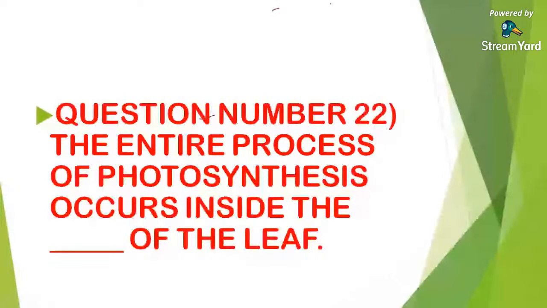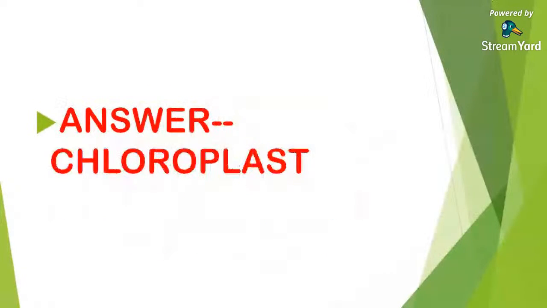So those who have given the answer chloroplast, you must be waiting to know whether your answer is right or wrong. So let's check the answer, and the answer is chloroplast. It is absolutely correct. Congratulations to all of you who have given this correct answer.